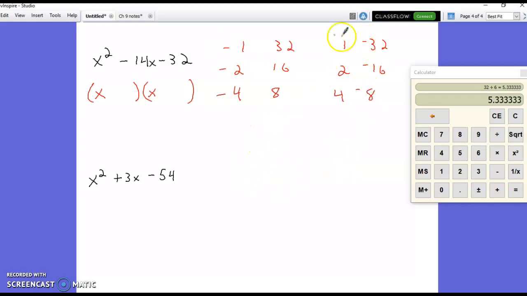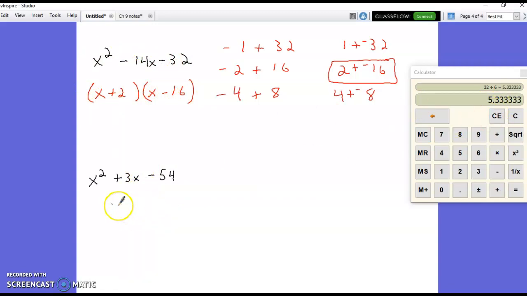And which one of these groupings would add to equal our -14? Well, it's going to be this one. A 2 and a -16. So a +2, a -16. So that's our factored form of this.